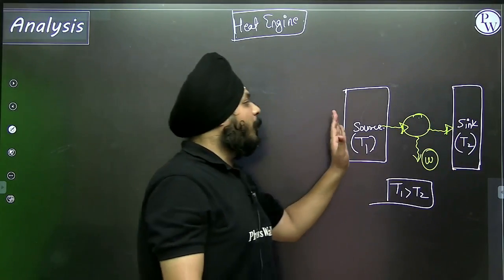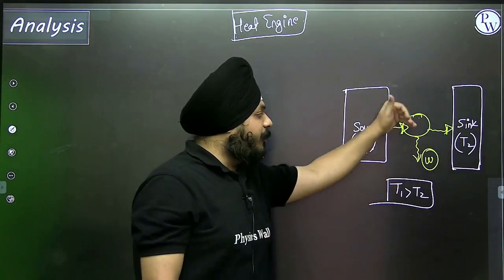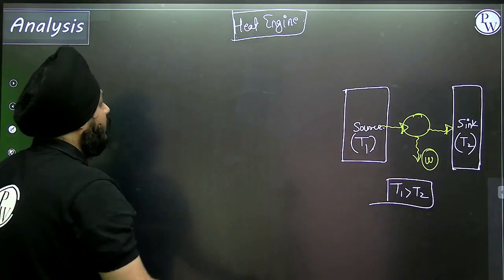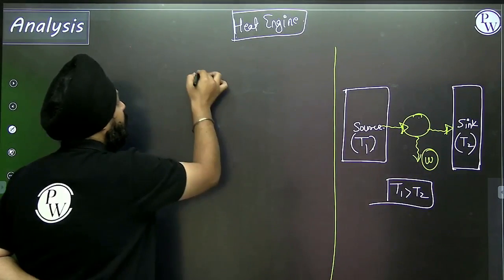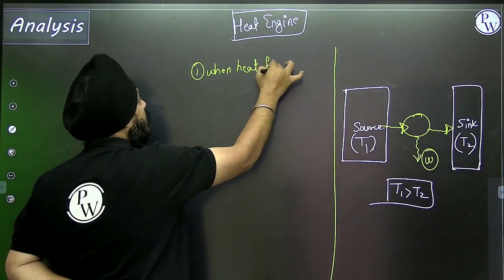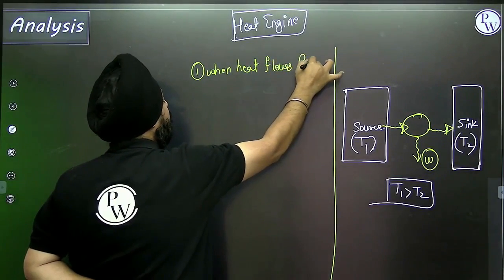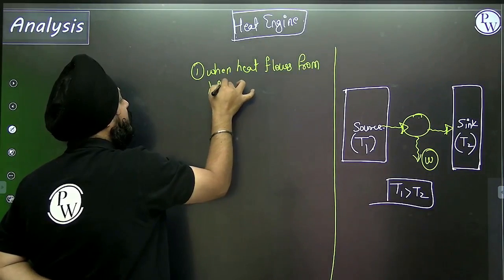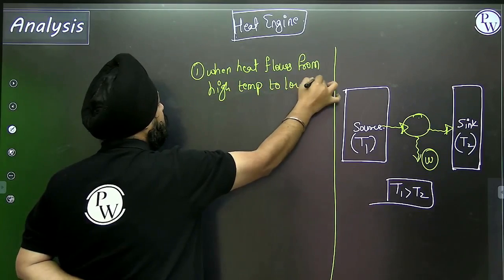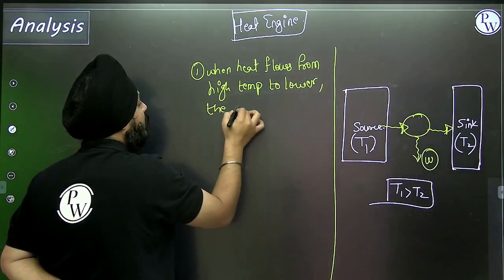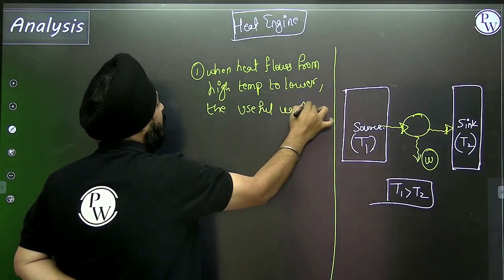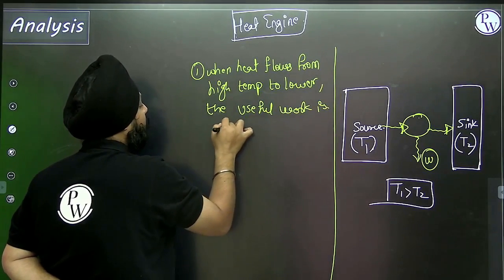So whenever the heat flows from the higher temperature to the lower temperature, obviously we get some useful work done. Step one: when heat flows from higher temperature to lower temperature, useful work is output.